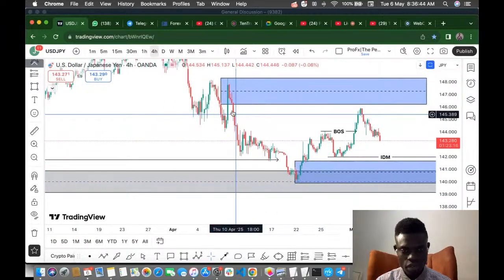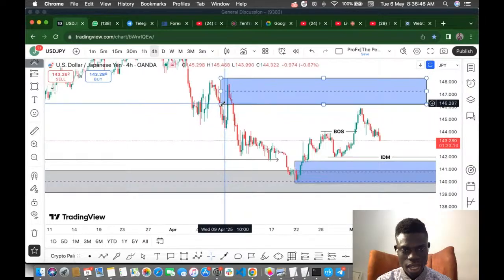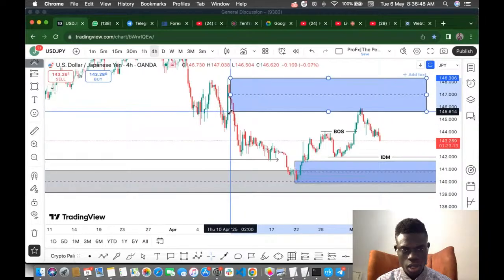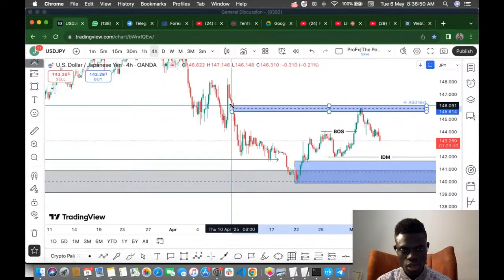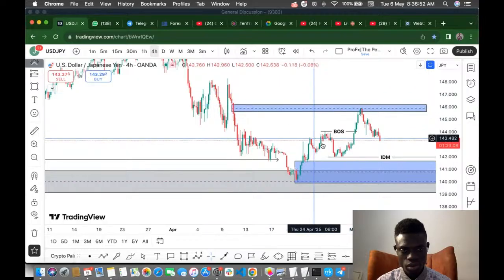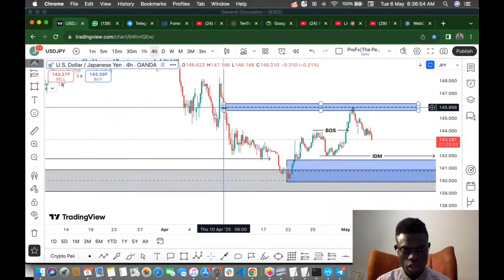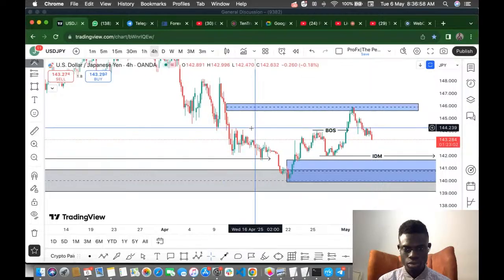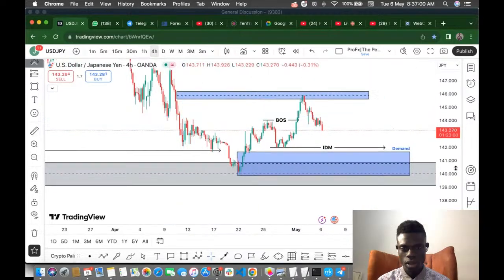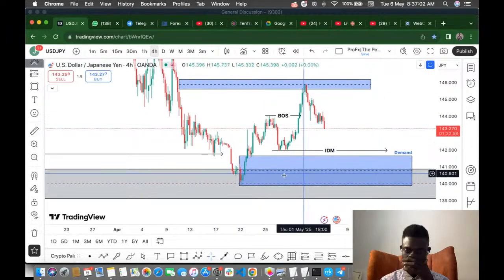It's a fair value gap. So all these big candles and this 4 hours fair value gap are what is making that guy sell. There's a 4 hours fair value gap here making this guy drop. So this is what we have on 4 hours, this setup.